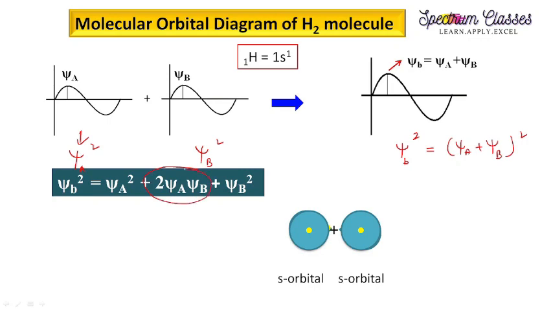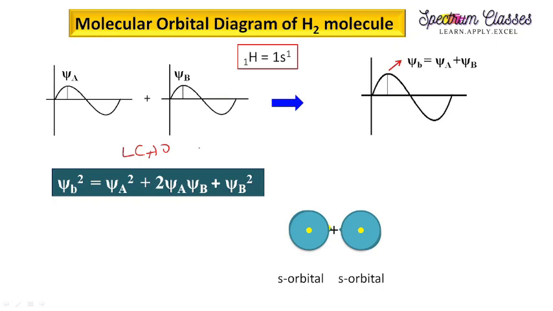About this term, I have discussed in detail in my previous video, so you can go and check there. But why I have explained it again here is because in several textbooks or in class 12 textbooks, this linear combination of atomic orbitals is given in this form only, right? So you can understand here.